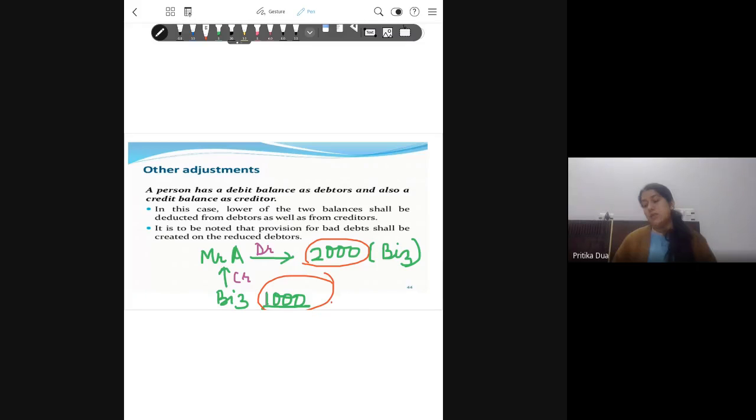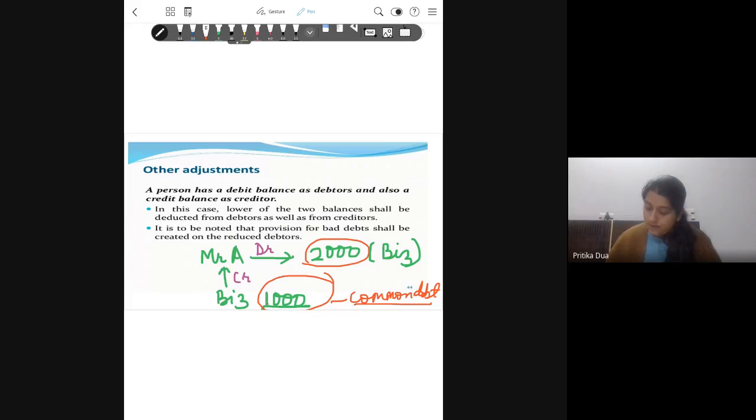This is taken as common debt and this will be reduced from both the amount of debtors and creditors in the balance sheet. सेकेंड पॉइंट में दिया हुआ है आपको प्रोविजन फॉर बैड डेट शैल बी क्रिएटेड ऑन दी रिड्यूस्ड डेटर्स. तो अगर आपके क्वेश्चन में कोई प्रोविजन भी बनाना है बैड डेट्स का तो पहले 1,000 डेटर्स में से जो कॉमन डेट है वो माइनस करोगे और उसके बाद आप उस पर प्रोविजन बनाओगे.